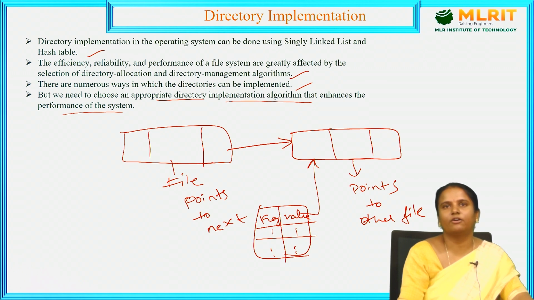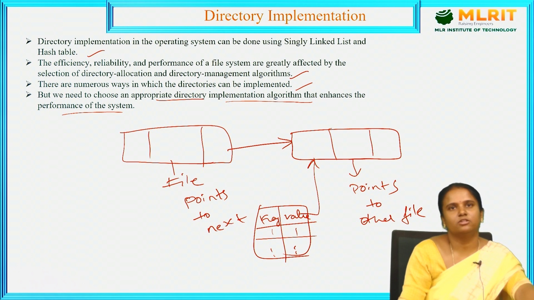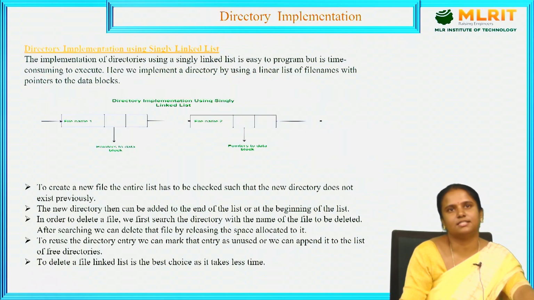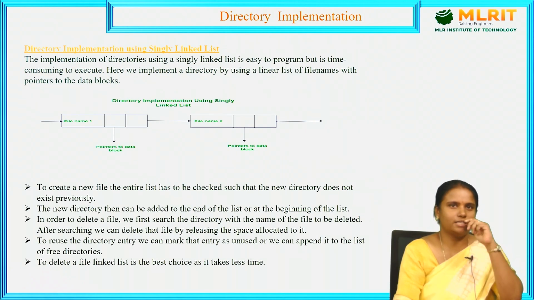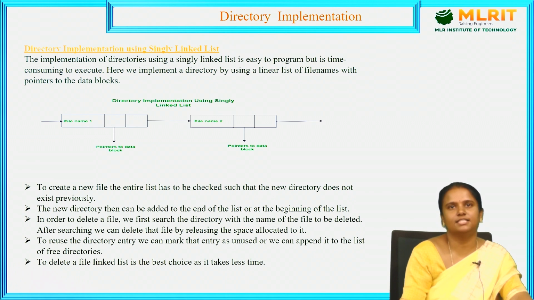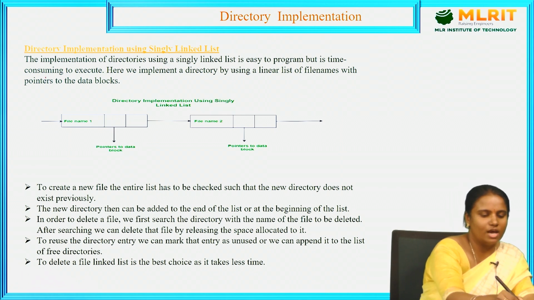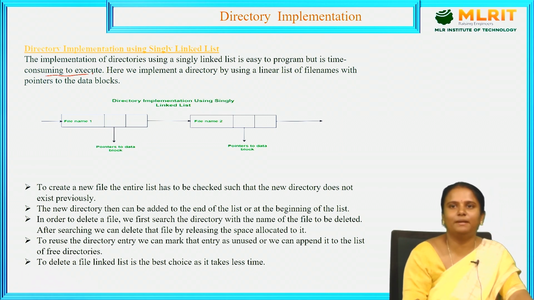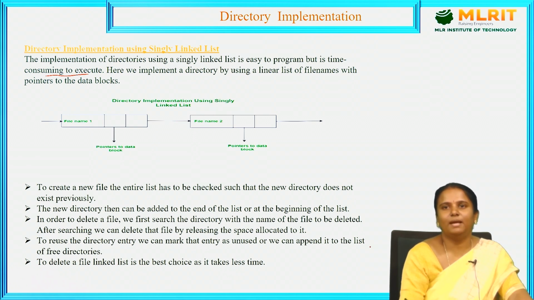First we are going to see the single linked list and then the hash table. Directory implementation using a singly linked list: the directories are a singly linked list, which is easy to program but time consuming to execute. We can easily write the program, but the execution time will be more.